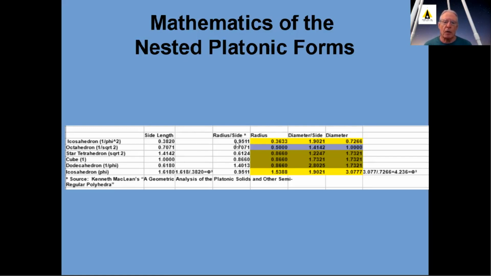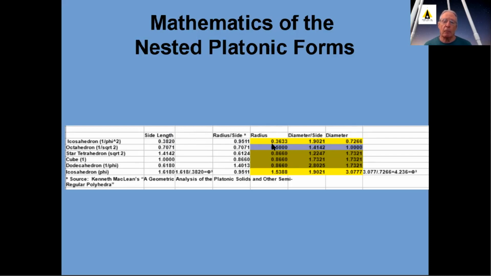I put the corresponding relationship between the radius and the side length in the next column from his book, and then multiplied those together. The first result is the radius, and when I multiply that by 2, I get the final column, which is the diameter.